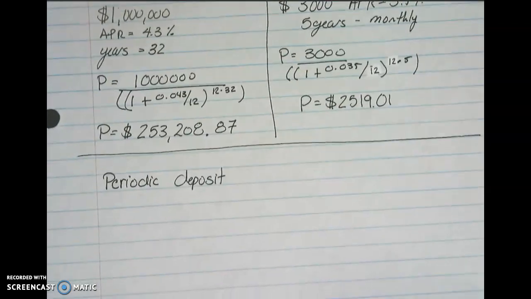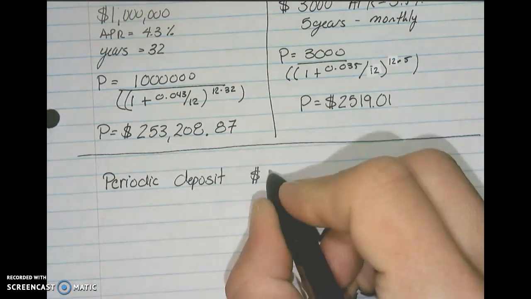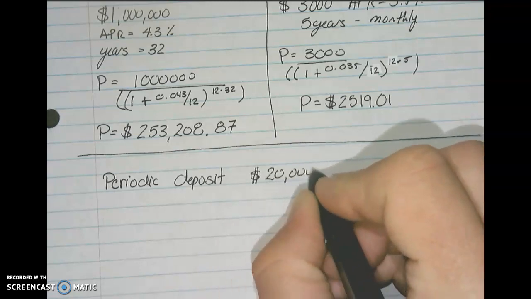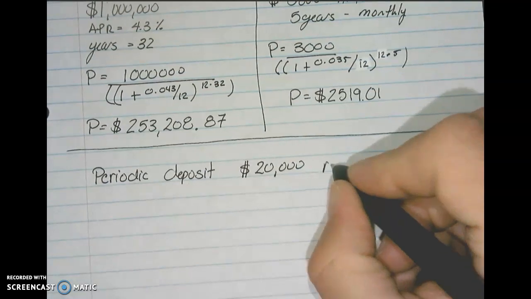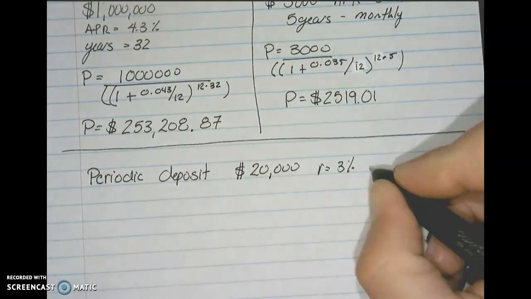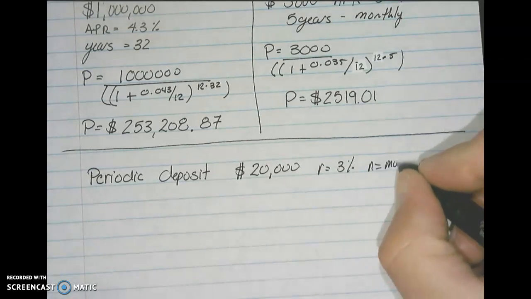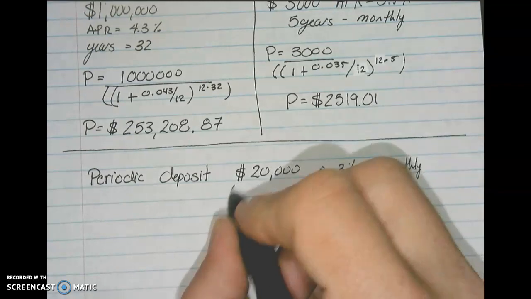Yep, same thing. Now we're going to do a periodic deposit. Let's suppose we want to buy something that's $20,000, some type of car. We're going to get a 3% return, compounded monthly, and let's give ourselves 3 years.